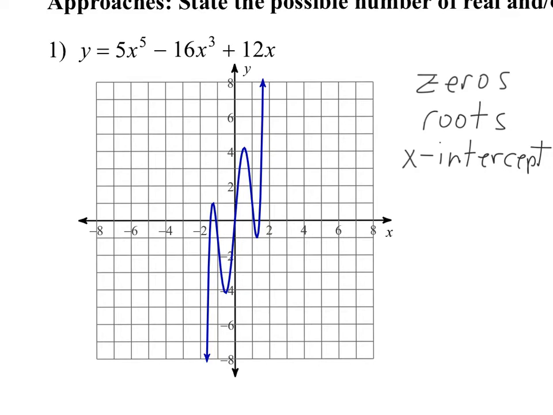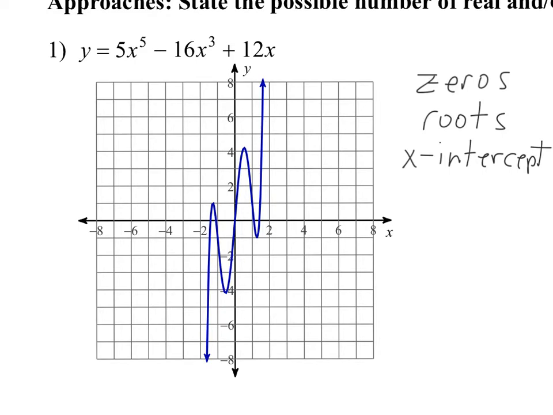You're actually saying, where does this graph cross the x-axis? Here's the x-axis over here, and here are the places where that graph is crossing the x-axis. And you'll notice fifth power equation, 1, 2, 3, 4, 5 places. But that's also when something crosses the x-axis, that's also when y equals 0.